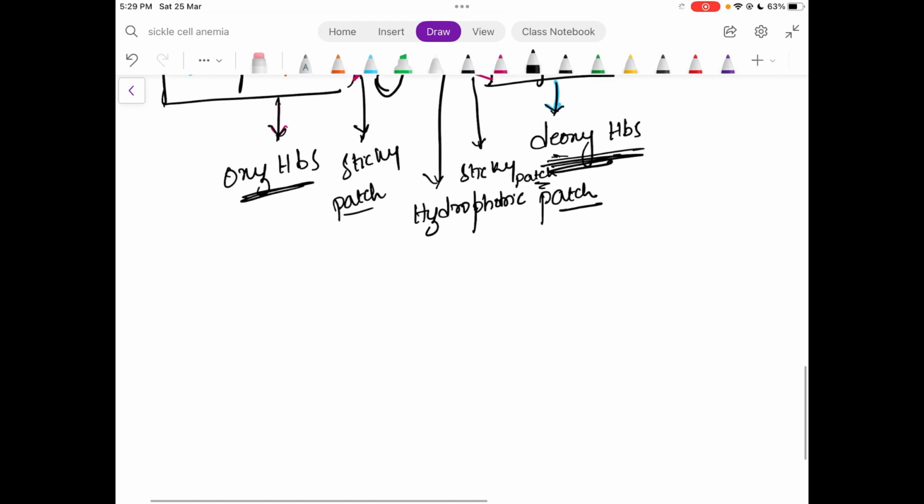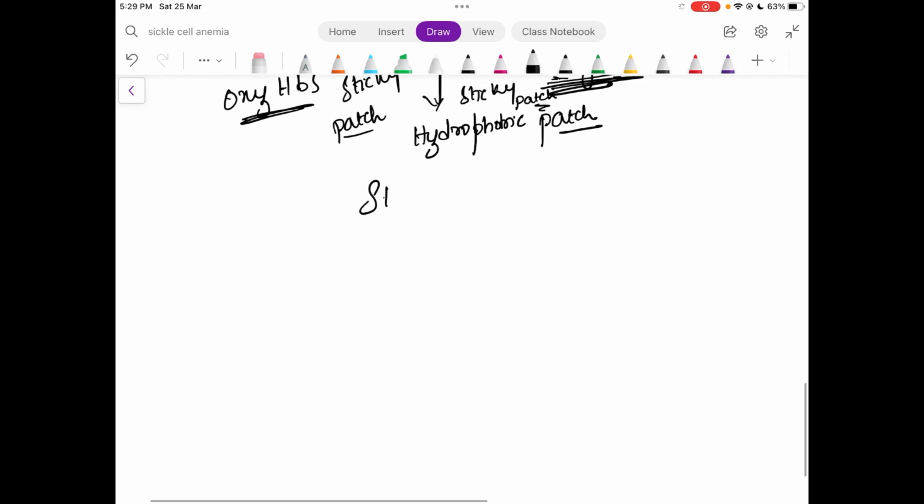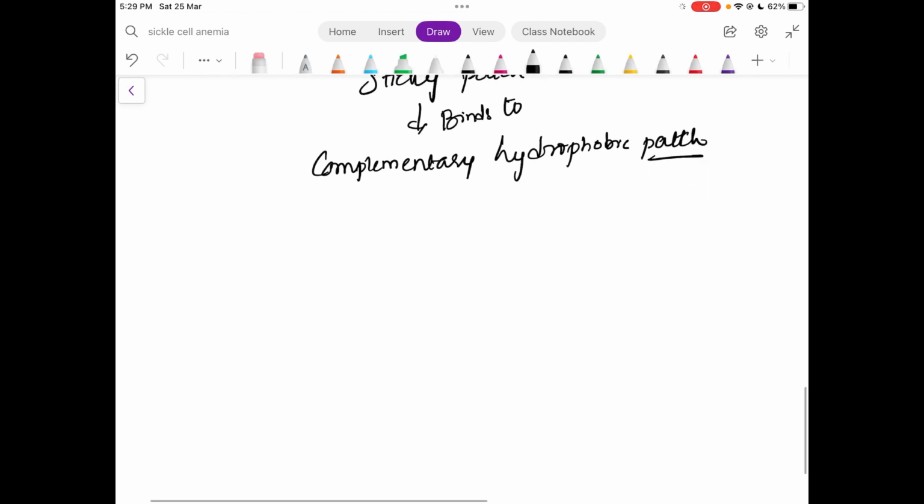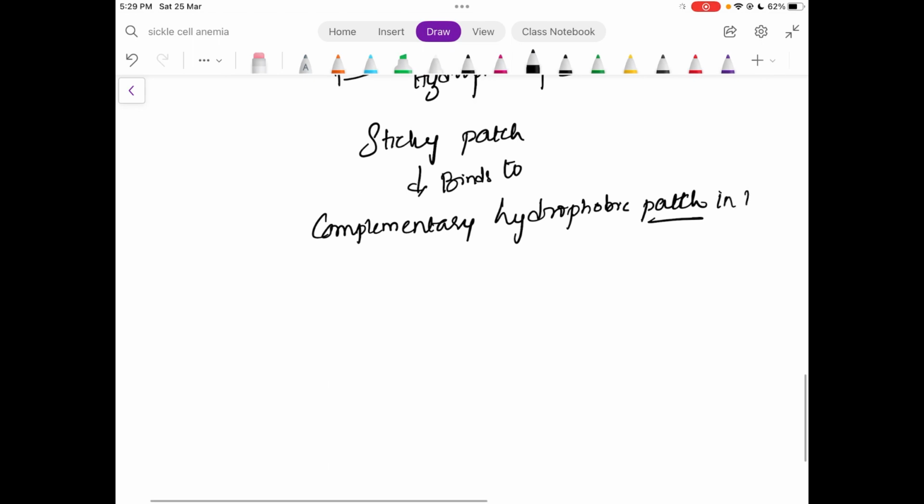patch. That means this sticky patch will bind to the complementary hydrophobic patch in HbS.